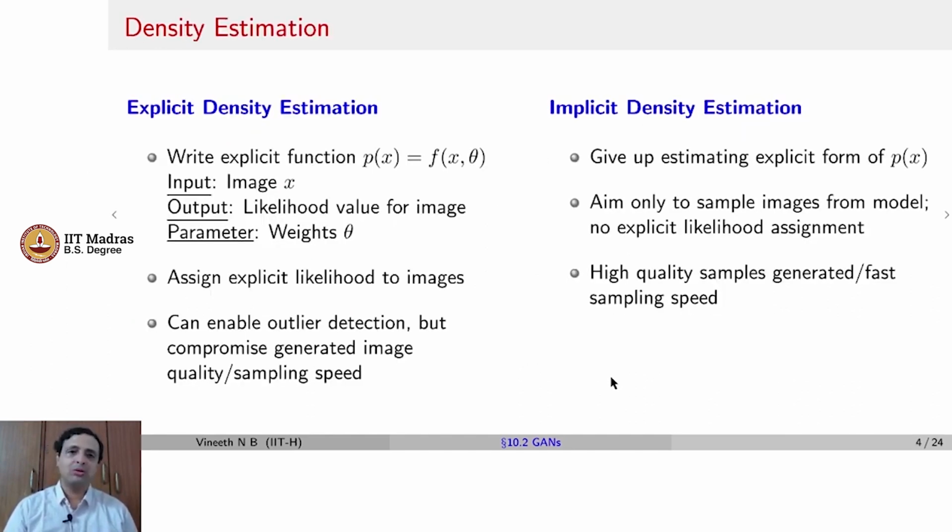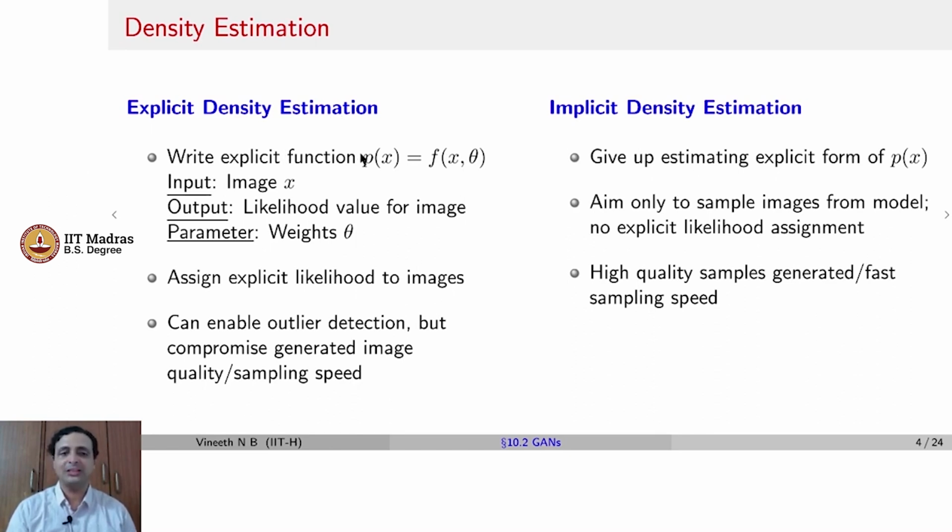We also talked last lecture about density estimation of the probability distribution from an implicit perspective and an explicit perspective. These also define the different approaches for deep generative models. In explicit density estimation methods, you try to write an explicit function for the probability distribution.